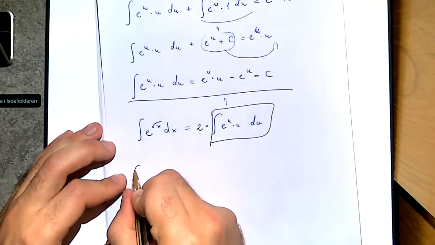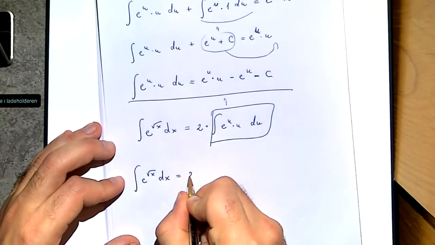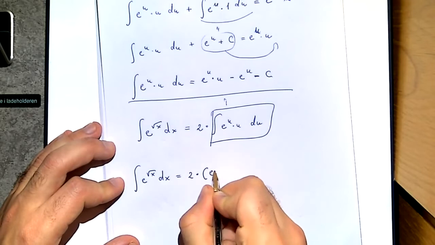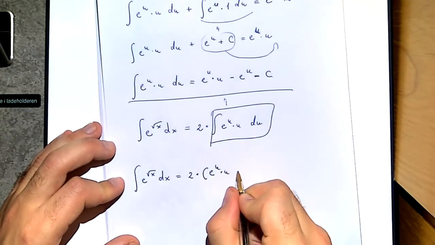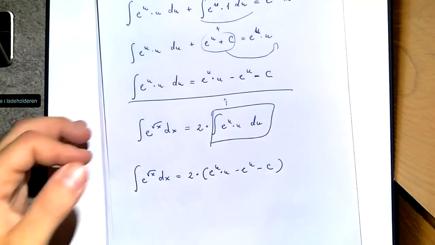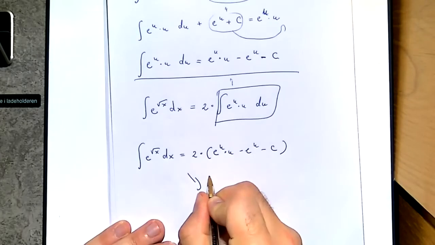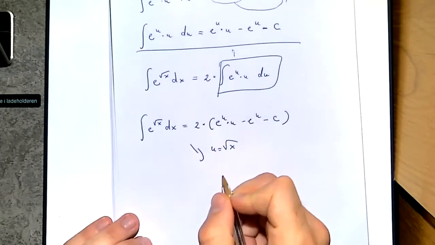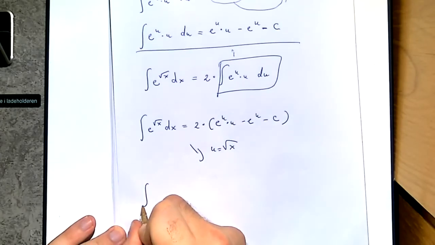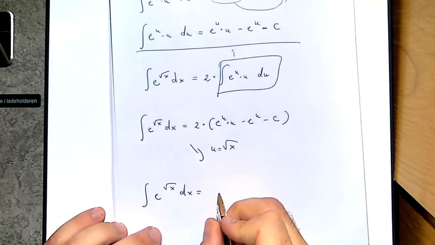So I just replace: the integral of e^(square root of x) dx is equal to 2 multiplied by e to the u multiplied by u minus e^u minus a constant. Okay, and again, before I'm done, replace u is equal to square root of x. So just replace everything.